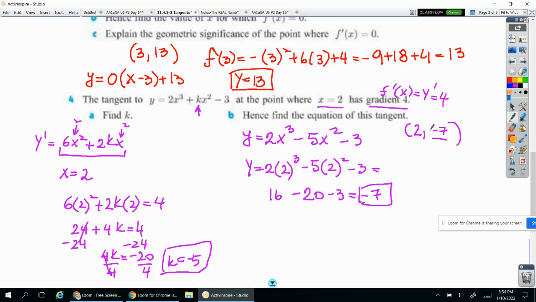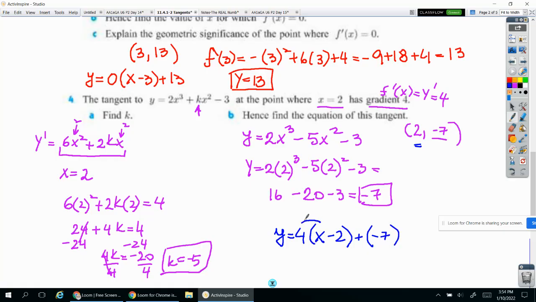Okay, now that we have x and y and we have the gradient, we are ready to write down the equation of the tangent line. So here it is. y equals, we first use the gradient, 4, times x minus our value right here, 2, and then plus whatever the y coordinate is, so negative 7.